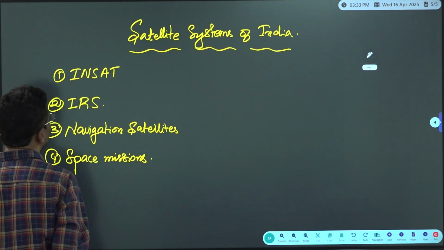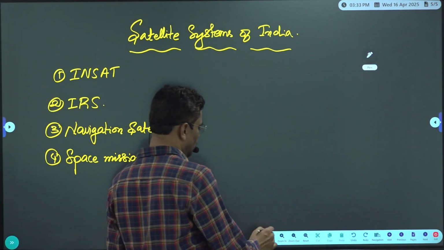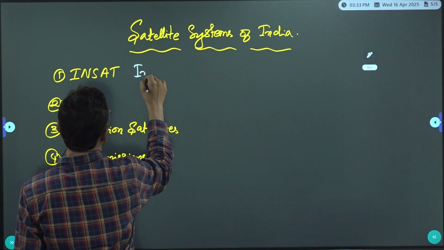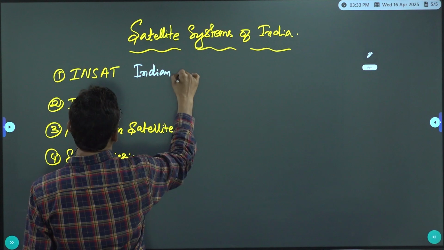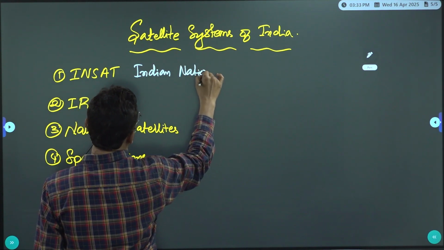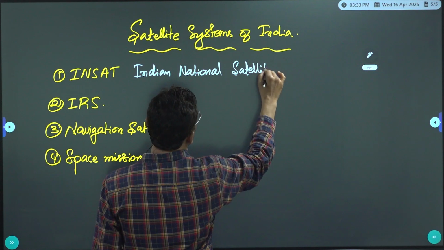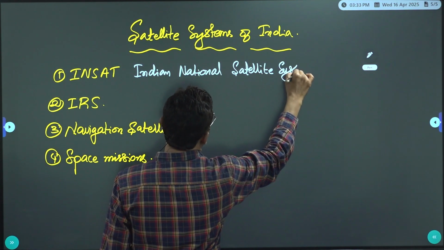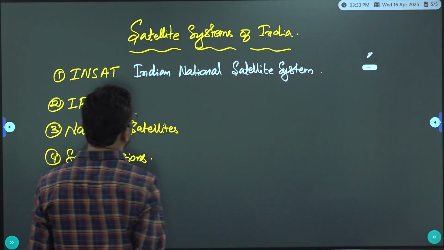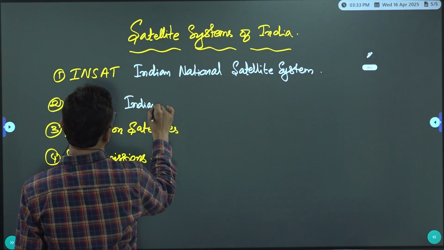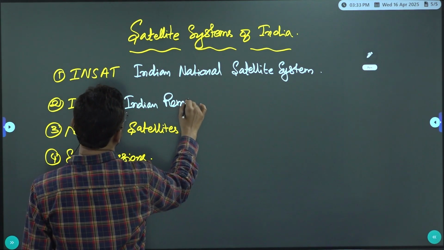So INSAT system. What is INSAT system? It is the Indian National Satellite System. And IRS is the Indian Remote Sensing Satellite System.